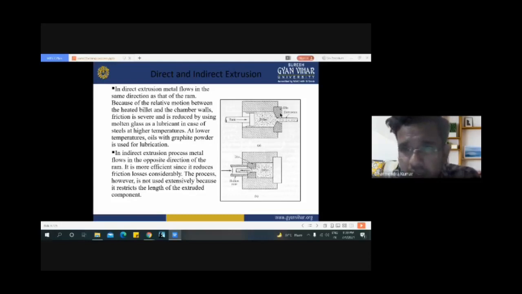Now here is the placement of the die, and the outer diameter of the workpiece depends only on the die placed here. So it depends on our basic requirements, meaning how much diameter, width, or length we need.